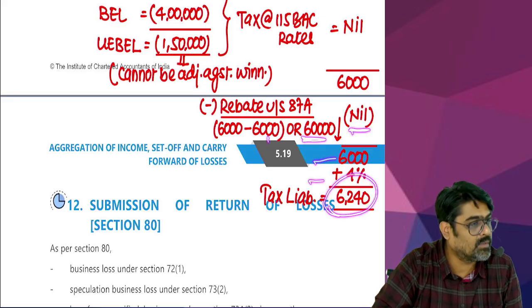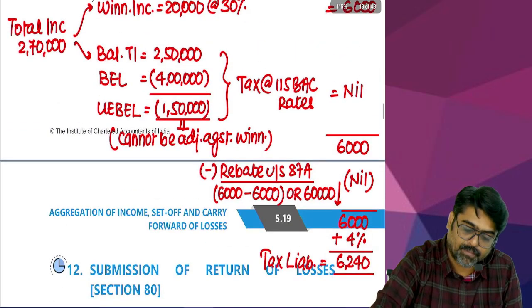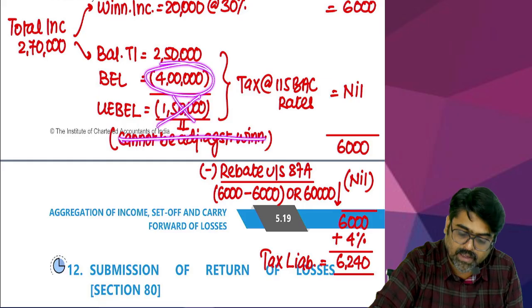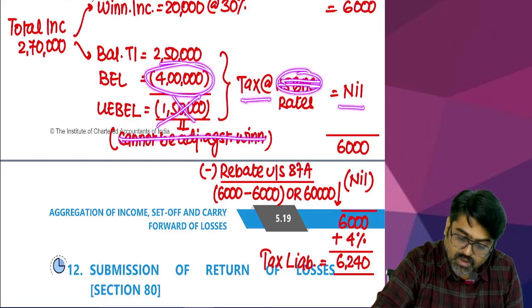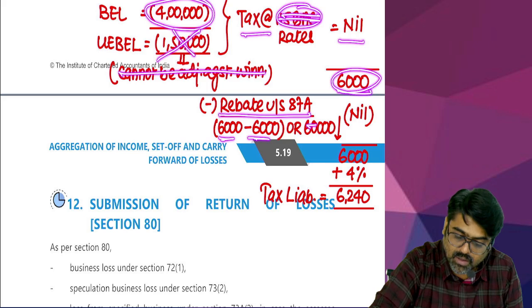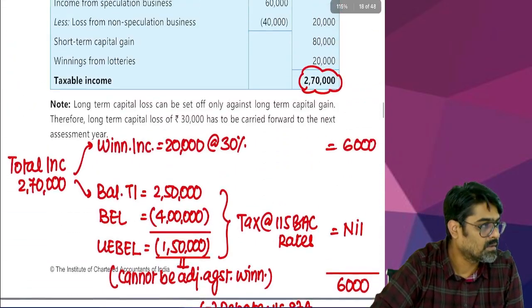There also the tax will be 6,240. But the changes will happen. One change will come here. Unexhausted basic exemption limit will not be there. Tax will be nil as per normal rates. Yes or no? This 6,000 will be same. Rebate 6,000 minus 6,000 or 12,500. This will be nil. 6,000 plus 4%. This will be same. Done.